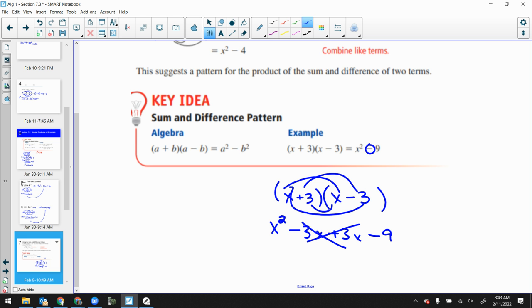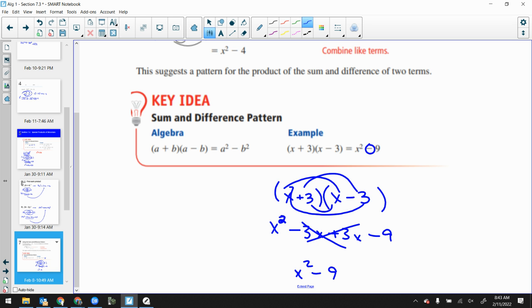So what's left over? x squared minus 9. How do we get there? You just square the first, x squared. You square the last, 3 squared is 9. And it is always a minus sign. That's why it's called a difference of squares.